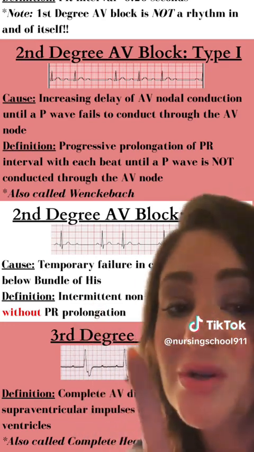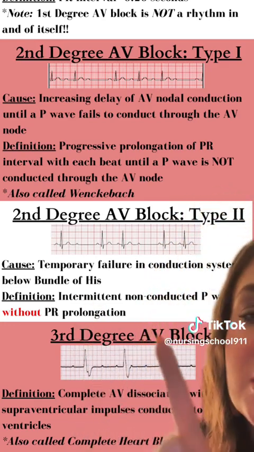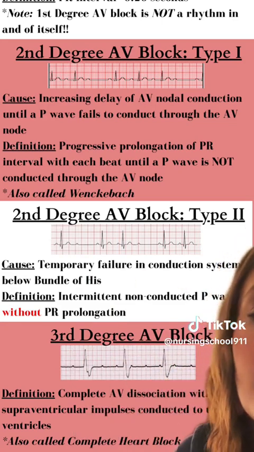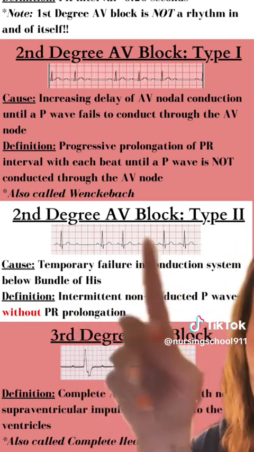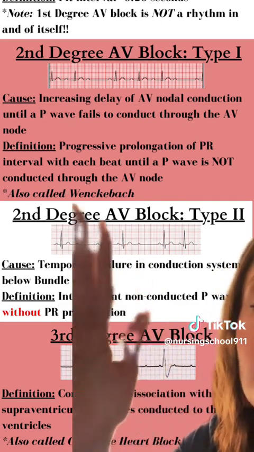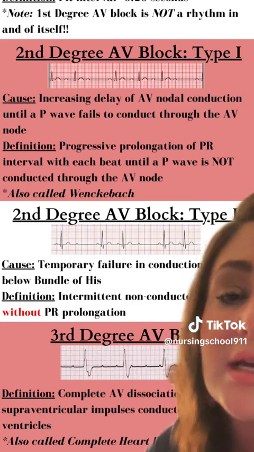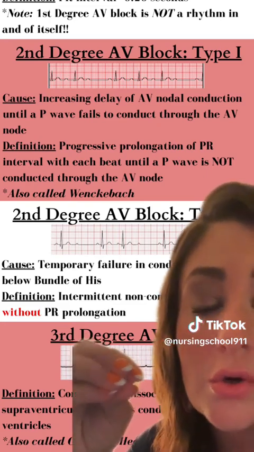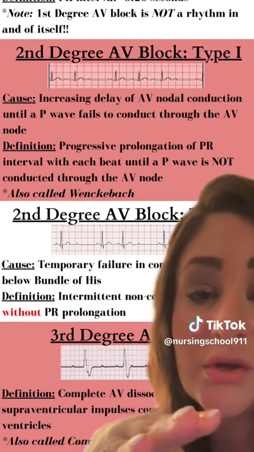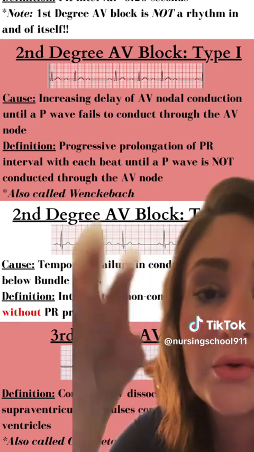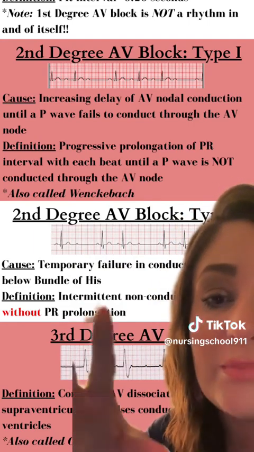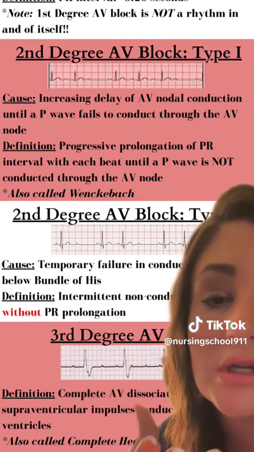Second degree type 2, we are. So with the second degree type 2, again, this is worse. There's temporary failure in the conduction system below the bundle of His. Remember, again, our electrical impulse leaves the SA node, goes down to the AV node, and then through the AV node is conducted through the bundle of His, and then we're depolarizing the interventricular septum.